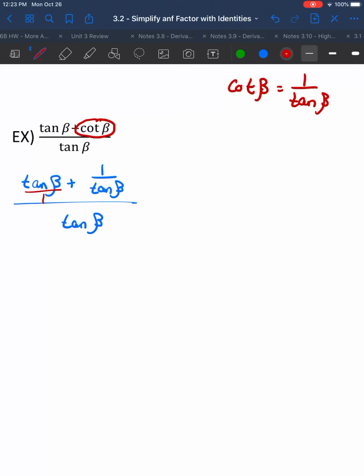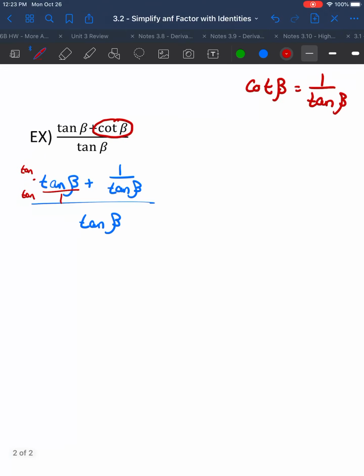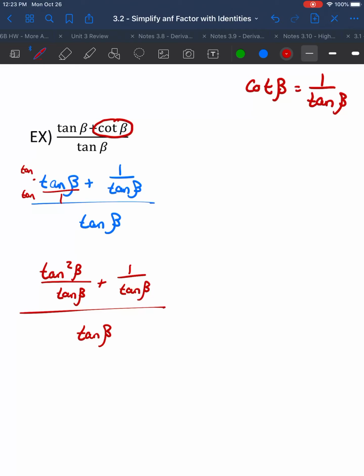So can we get common denominators? Okay, I get it. It looks a little nastier than what it did, but bear with me for a minute.